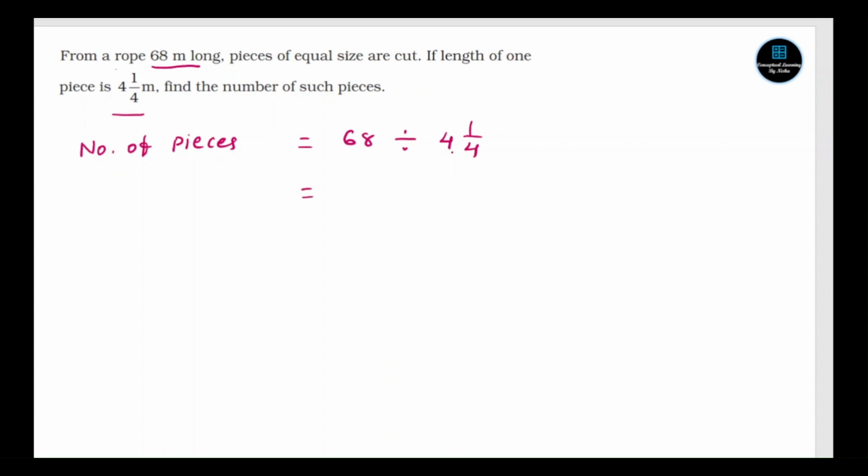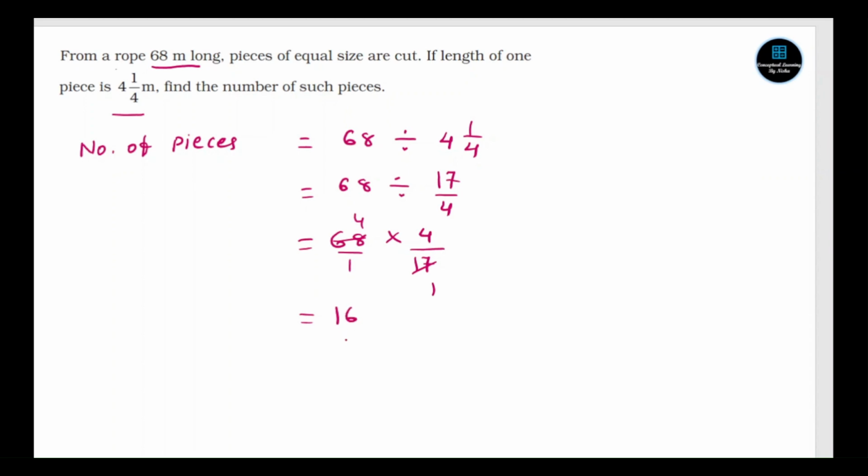First of all, this is a mixed number, so we'll change it into an improper fraction. So 68 divided by 4, 4 is 16 and 1, 17 over 4. Now apply keep, change, flip. Keep the first number, change the sign and flip the number, right? Now imagine 1 over here. We can cancel out 17 1 time, 17 4 times. So what do we get? 4 into 4, 16 upon 1.